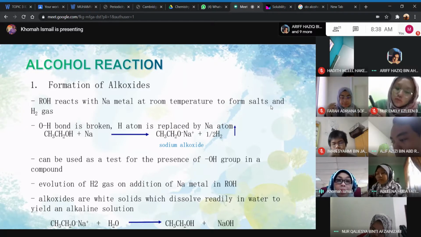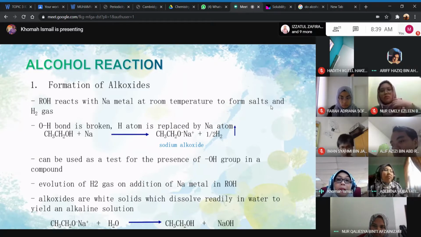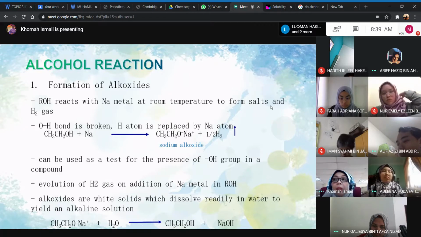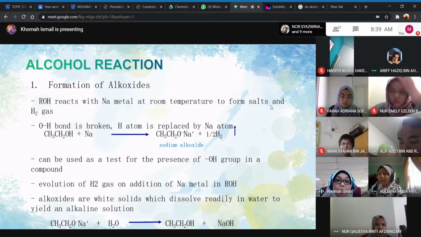This is one of the important tests for alcohol, because sometimes you are supposed to differentiate between alcohol and another compound that has only one oxygen, like aldehydes or ketones. This is one of the reactions that can differentiate between those three.